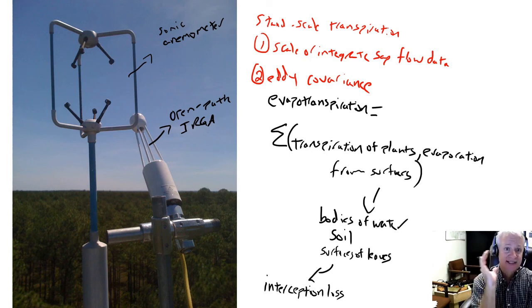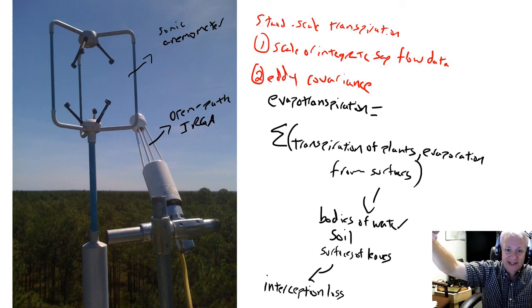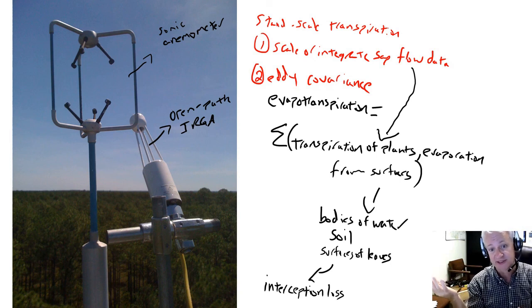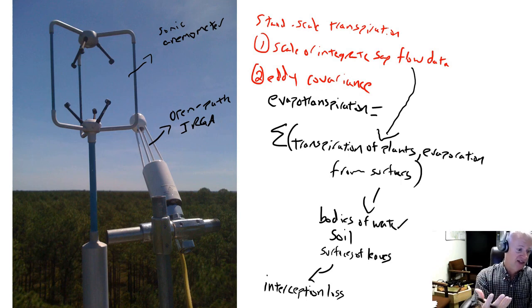Now, often sap flow measurements are used in combination with eddy covariance, because now you have a large measurement, that eddy covariance, that gives you evapotranspiration, and then you can use the sap flow to get this part, at least for the trees, and by subtraction you can find out what part of your measurement is due to evaporation from surfaces. So often these types of measurements are used in conjunction to get additional information about function. But regardless, eddy covariance is a really powerful approach, and it's really exploded as an approach in ecology in recent years.